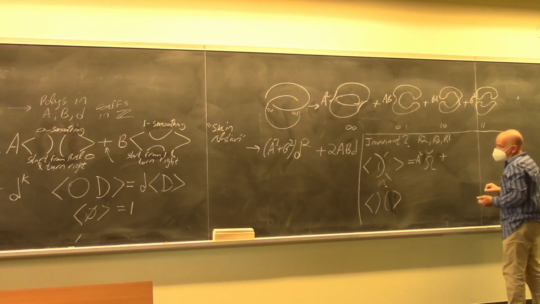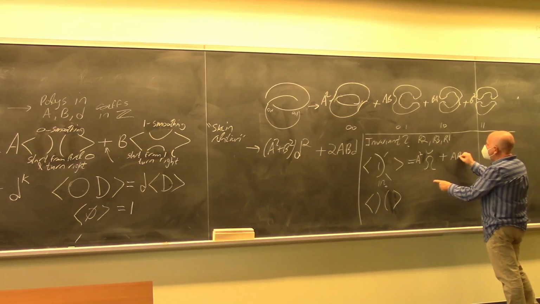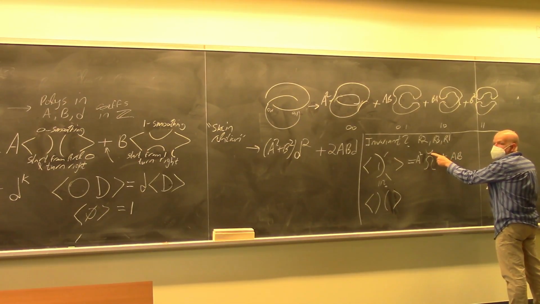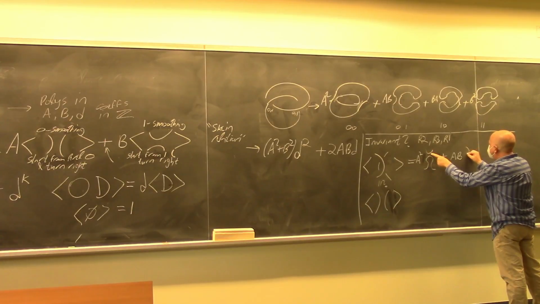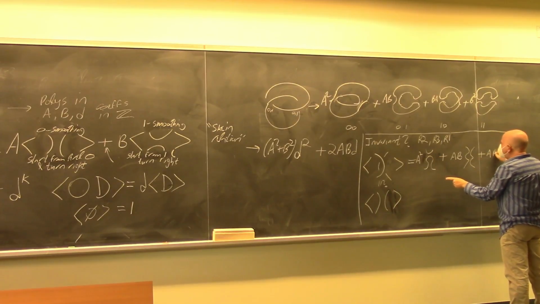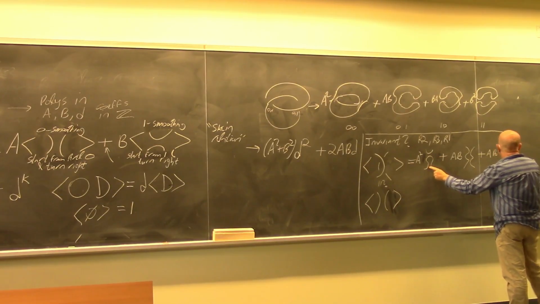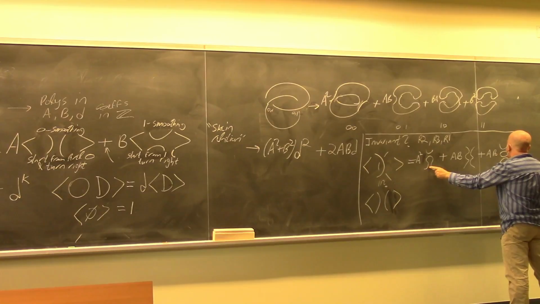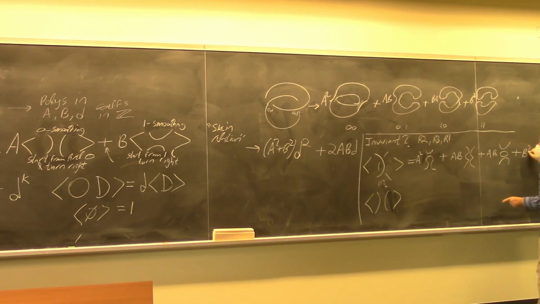Plus, now, AB times, let's flip this one. So it's this picture, plus another AB times, let's flip that one, so you get this picture, plus B squared, and let's flip both. And if you flip both, you get this picture.